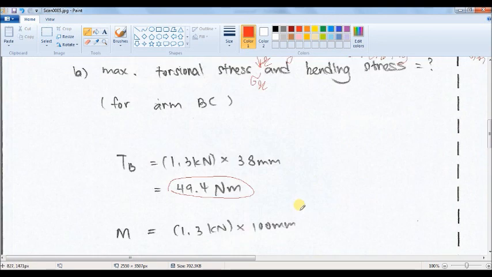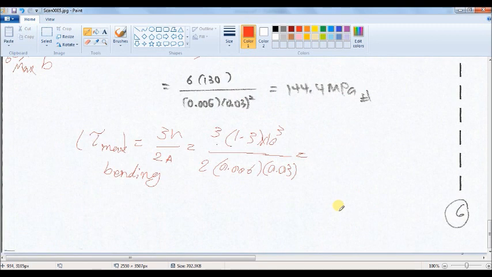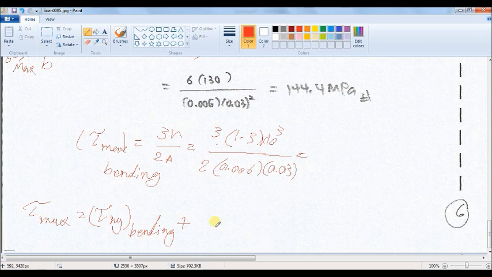So we conclude to find the maximum shear stress at this location. Since they are in the same direction, we can write that the maximum shear stress at this location is tau xy of the bending plus tau xy of torsion.